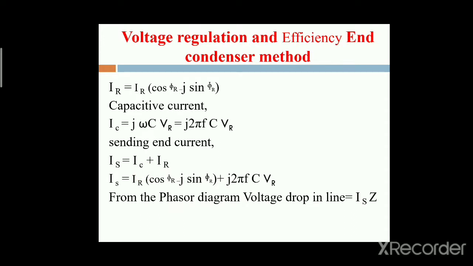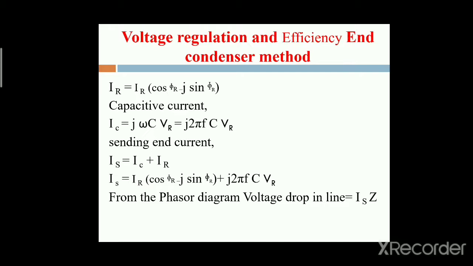From the phasor diagram, the voltage drop in the line is the IS into Z. That is the voltage drop due to the impedance.